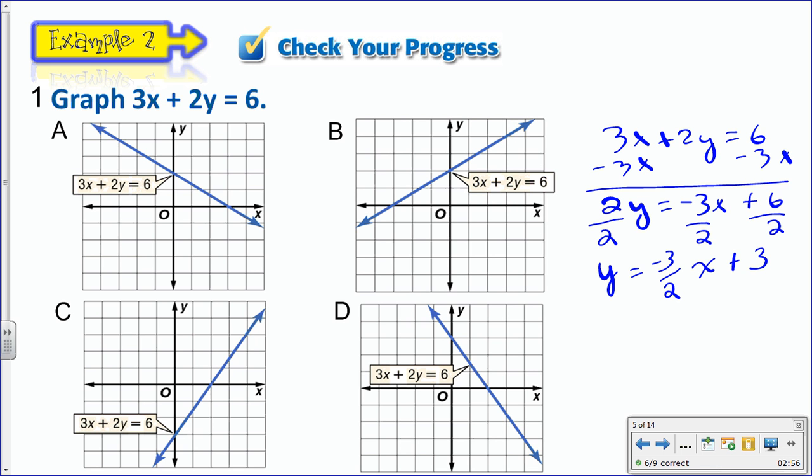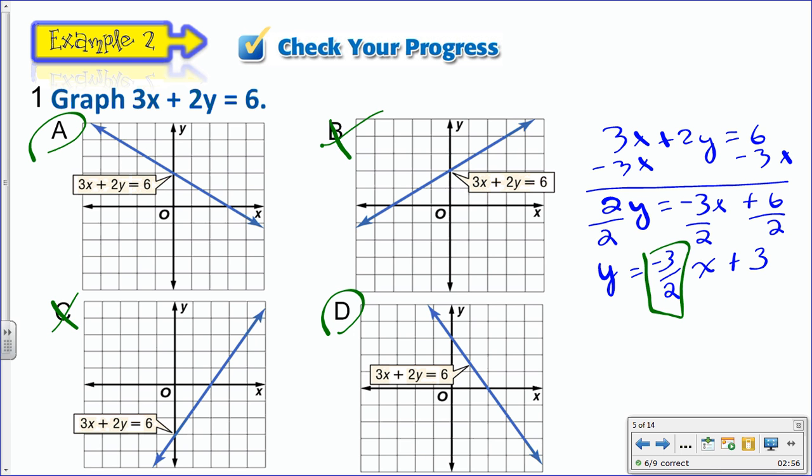Okay, now can I eliminate some extra choices? What's my slope? So my line should be doing what? Falling, right? Is that line falling? Okay, so that might work, right? Is that line falling? Yes. Okay, so I got to narrow down to 2 choices, right?